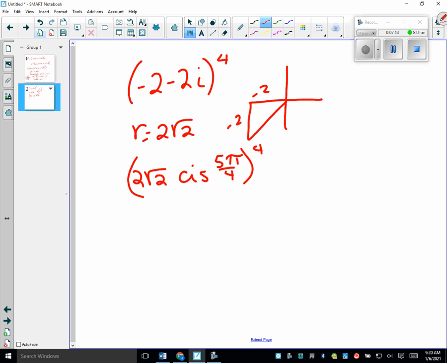You okay with that? Okay, so don't I now take 2 radical 2 to the 4th? Anybody know what that is? Use your parentheses. You got what? 64. Good, that's what I got. So I have 64 cis what? 5 pi.